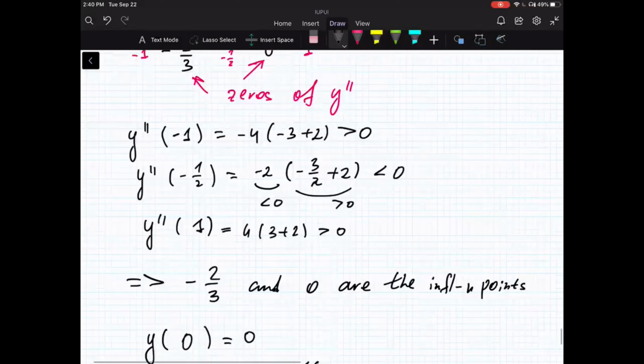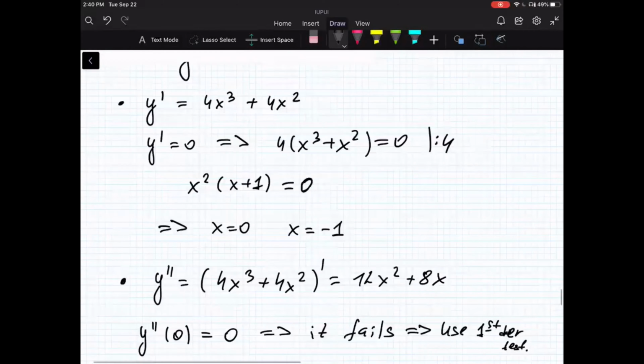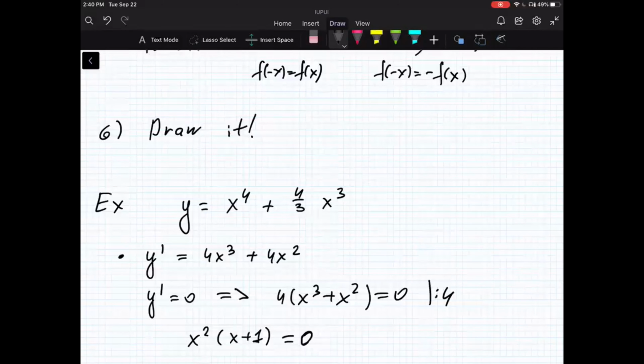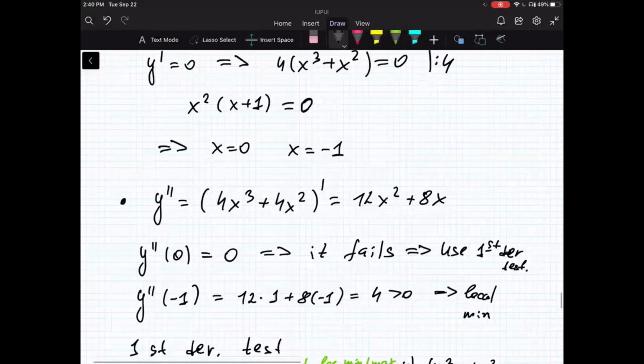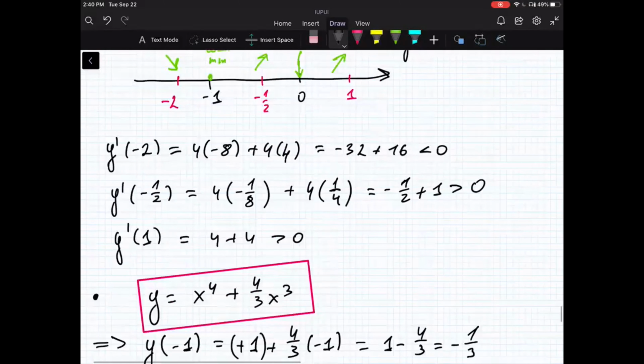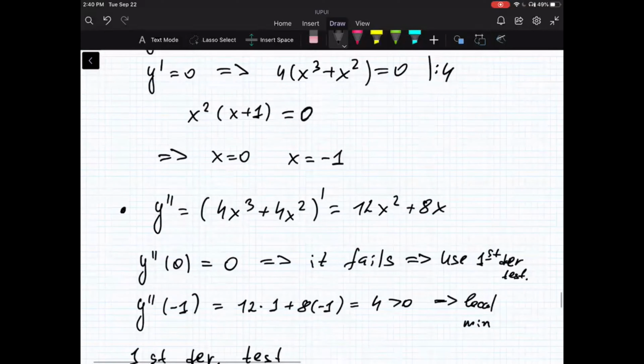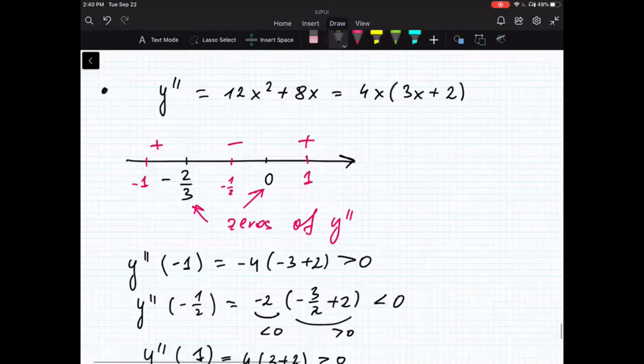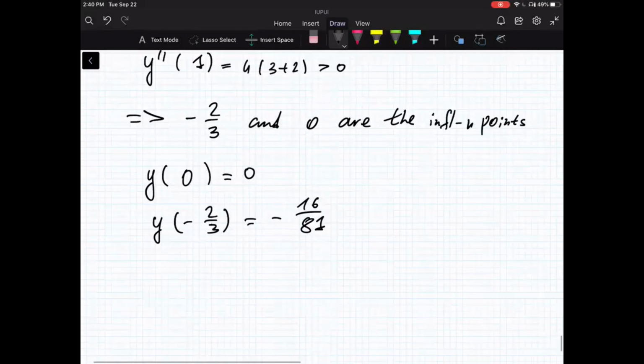Okay, unfortunately, our function is not even, not odd, and doesn't have any symmetry. So what we can do is find another intercept. We found that when x equals 0, y equals 0. But what if y equals 0? One solution we already found, but there is another one.